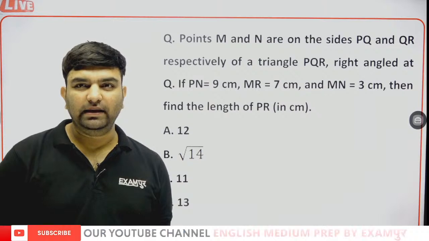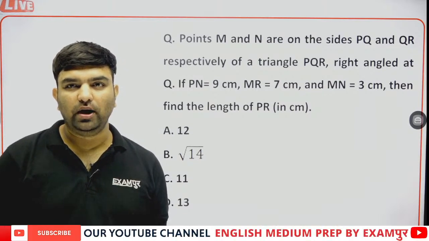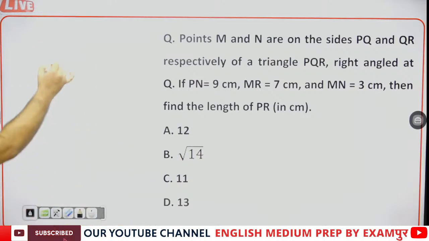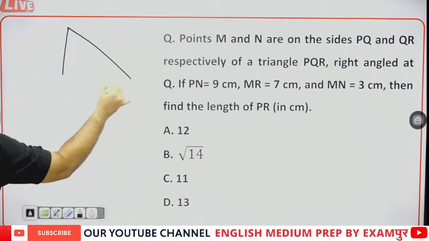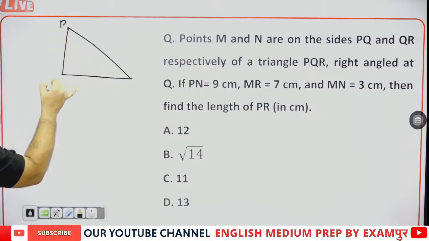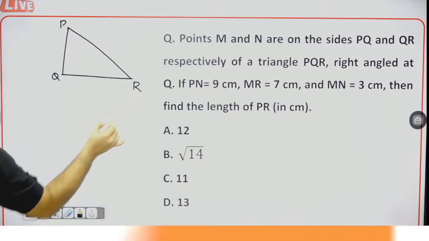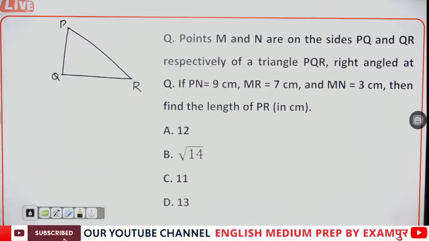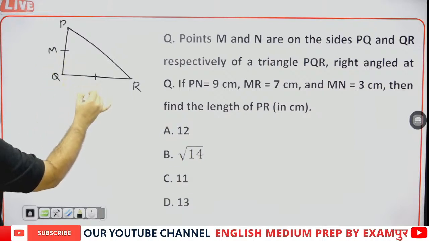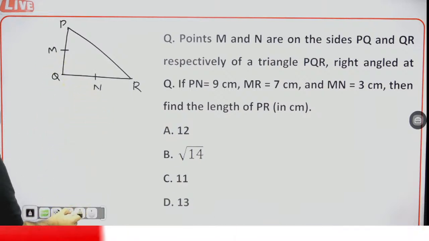Points M and N are on the sides PQ and QR of a triangle PQR, right angled at Q. M is on the side PQ and N is on the side QR.